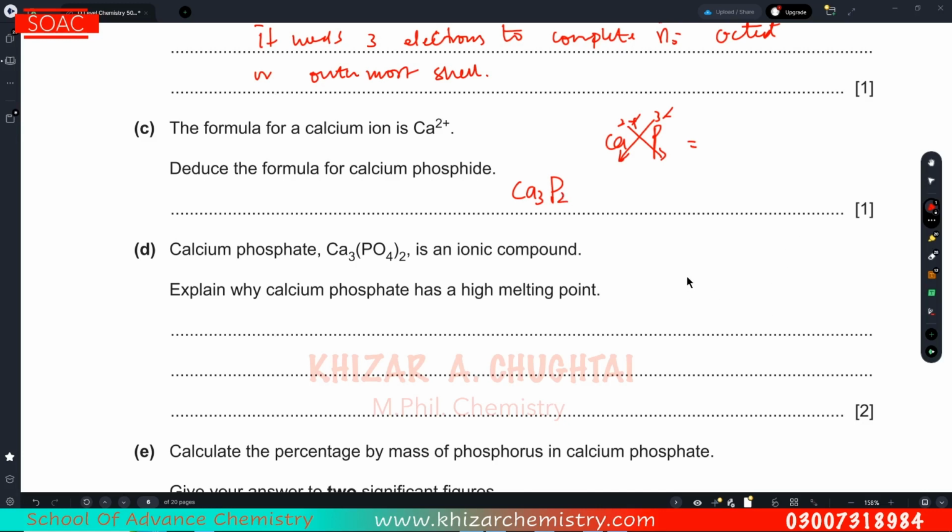Calcium phosphide is an ionic compound. Explain why the calcium phosphide has a high melting point. So in melting point, especially in high melting point, we will discuss the bonding and structure.